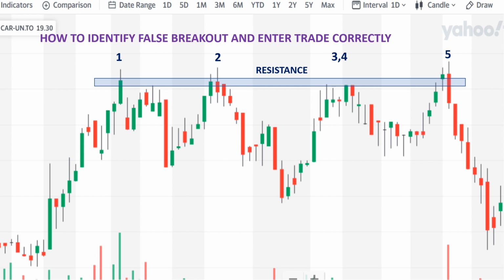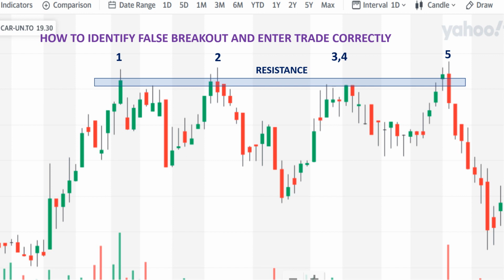However, it subsequently drops below the resistance and closes below it, indicating a false breakout. In this situation, it is prudent to exit the long position considering the false breakout.